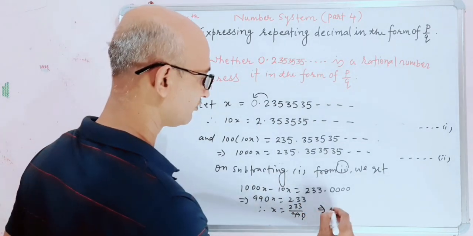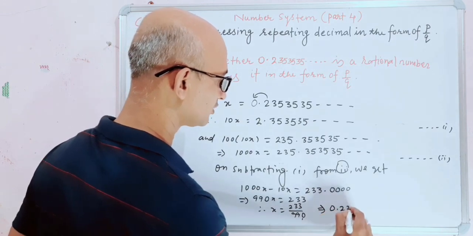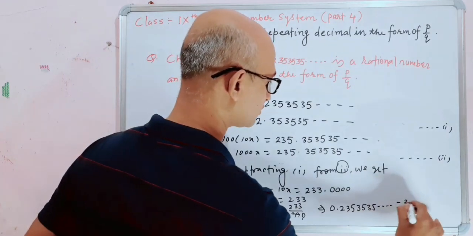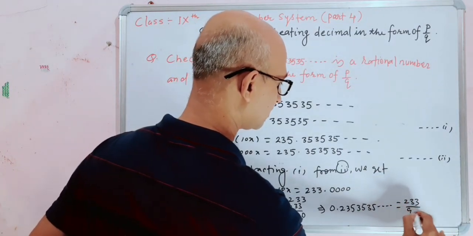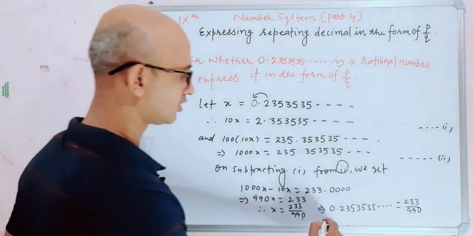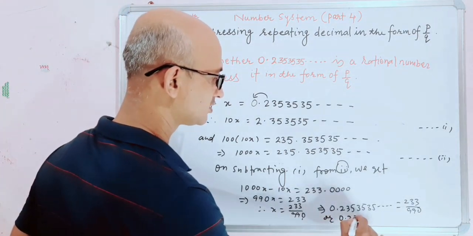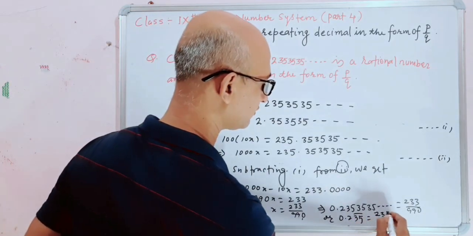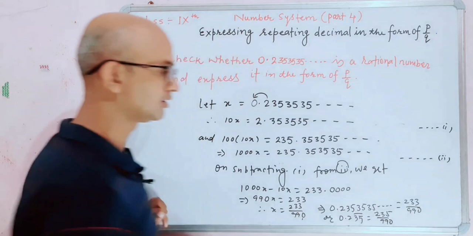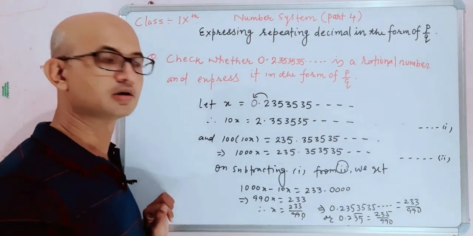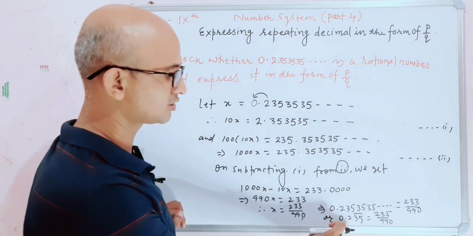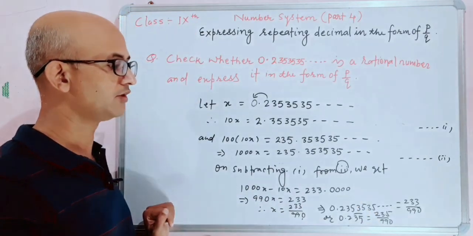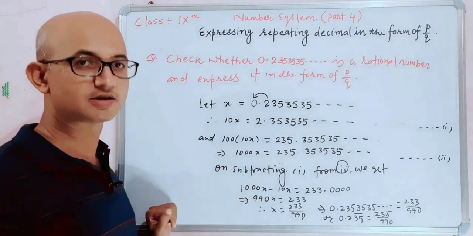That is we get 0.2353535 and so on equals 233 divided by 990. In this way we see that this decimal expression has been expressed in the form of p by q. Therefore, we can say that it is a rational number.